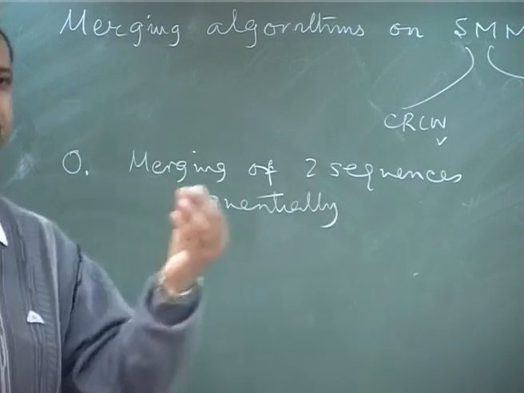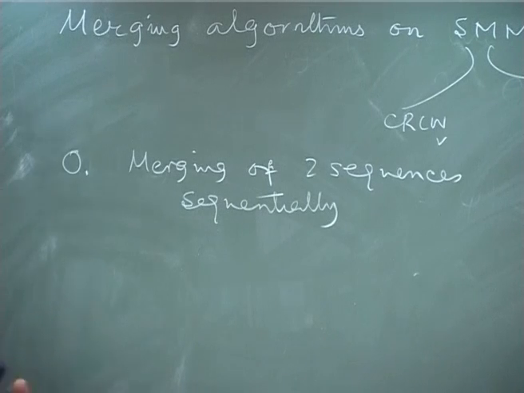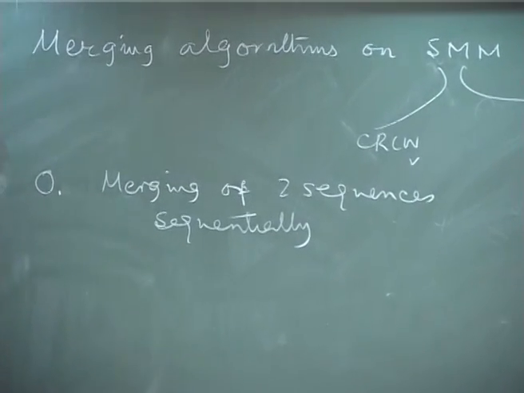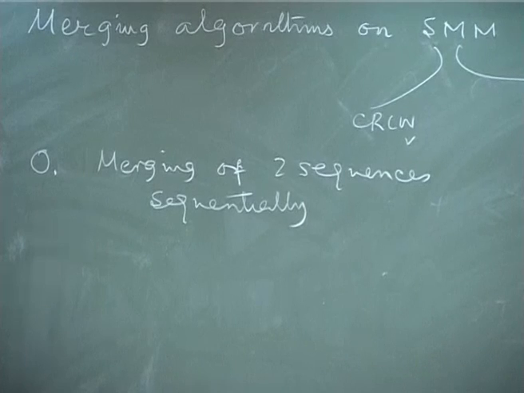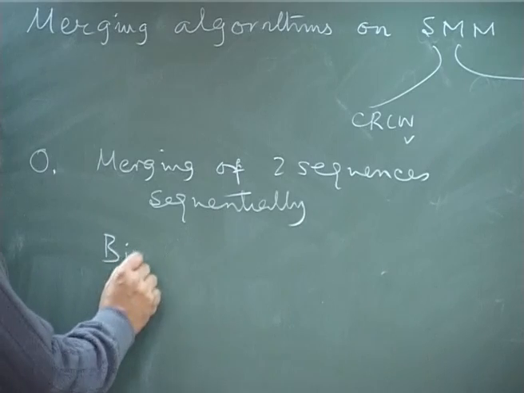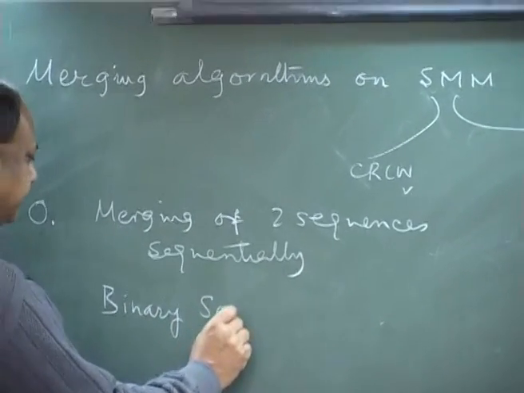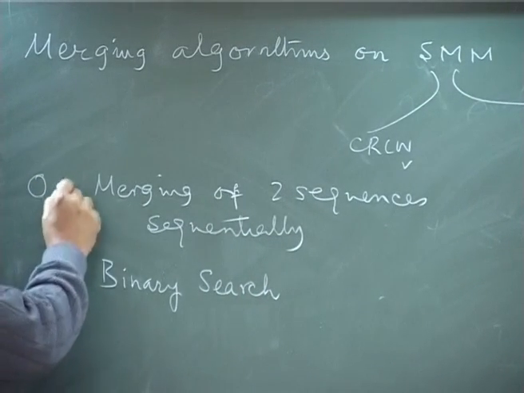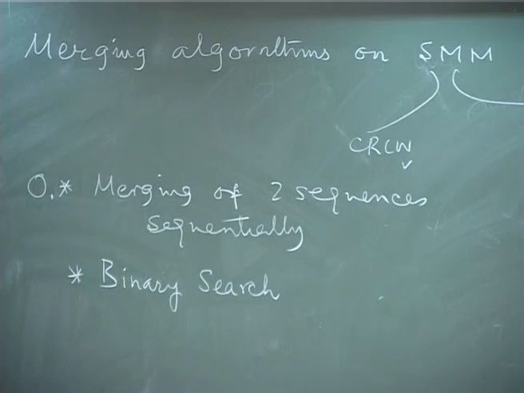This is known to you: you take one element of the A sequence, another element of the B sequence, compare them, and put the smaller one in C. Then you move the index of the selected sequence by 1, and continue till all elements of one sequence are exhausted, and the remaining elements of the other sequence you bring to C. You also know the binary search algorithm, which takes log n time. These are the prerequisites for designing the new algorithms.